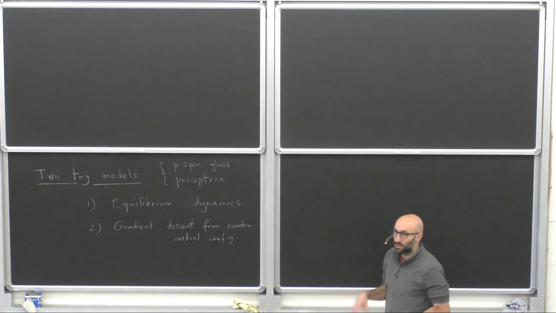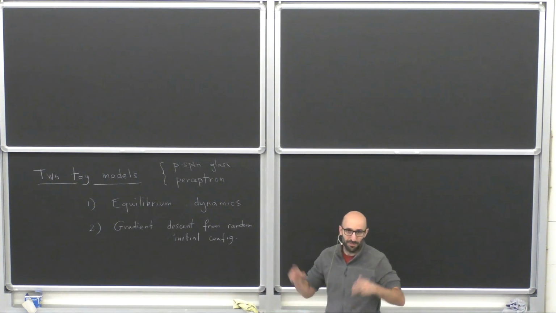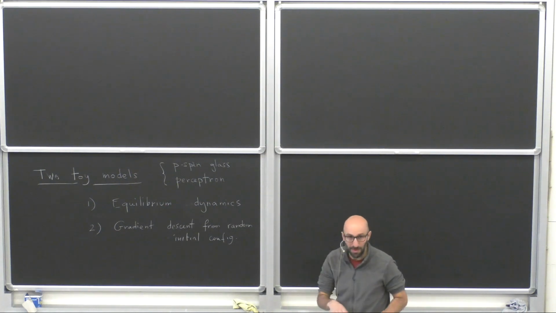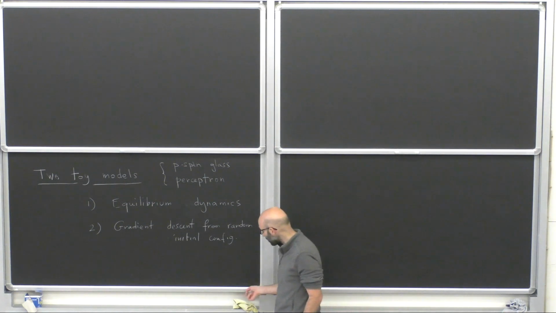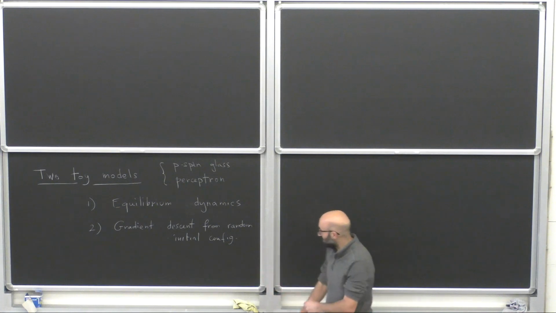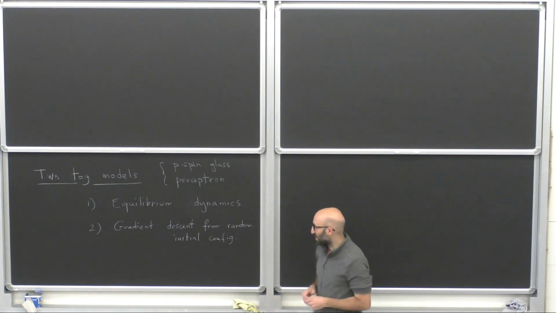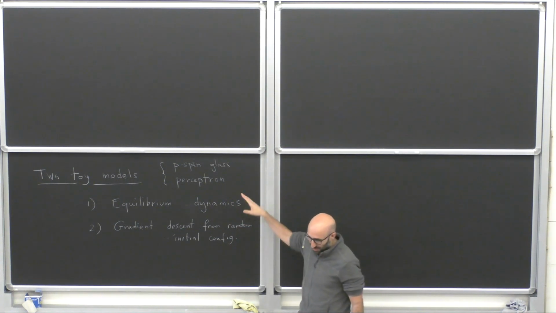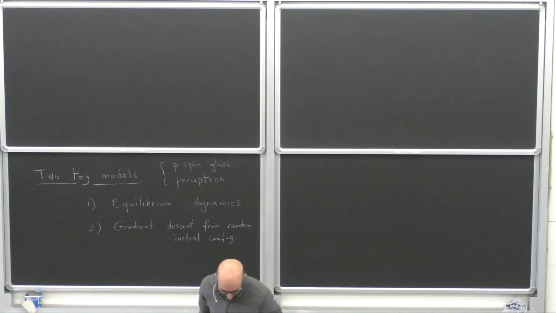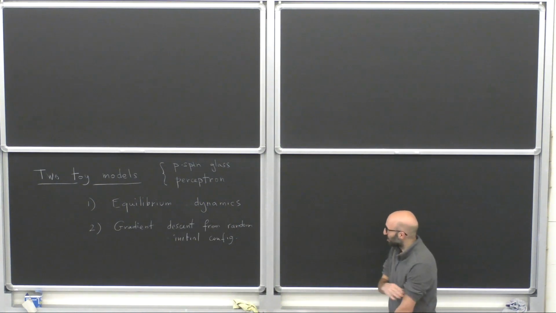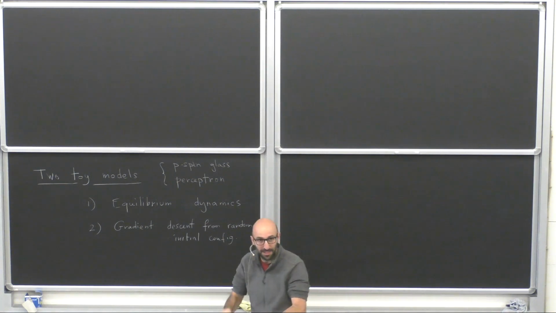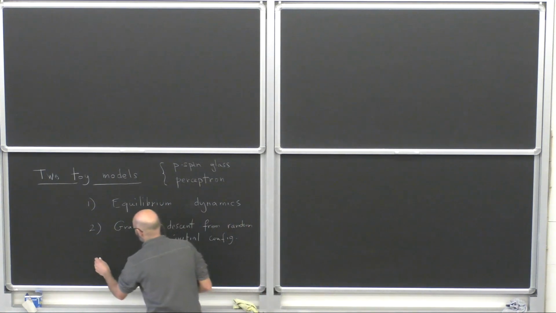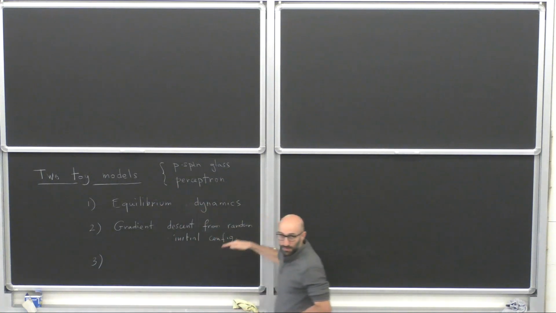Basically, you prepare your system in a totally random state, which means infinite temperature, and then you quench it to zero temperature, and you try to minimize the energy following the gradient. The reason I'm going to do that is first because it's the simplest thing you can imagine, but also because that's what people do in many applications. For example, in machine learning, that's the standard way to train machines: initialize randomly and then do gradient descent. And the last thing I want to study is a combination of these two.